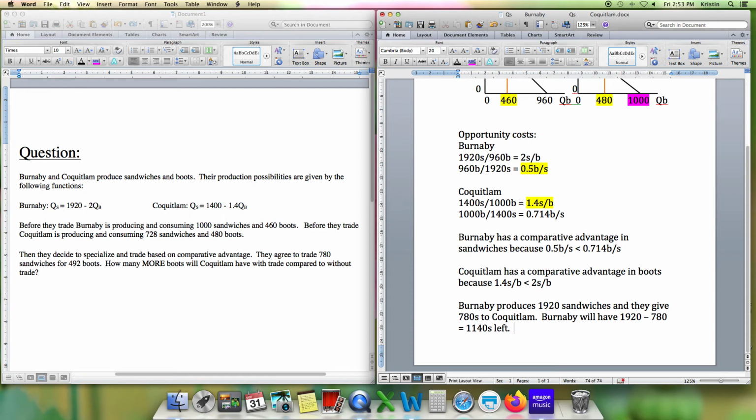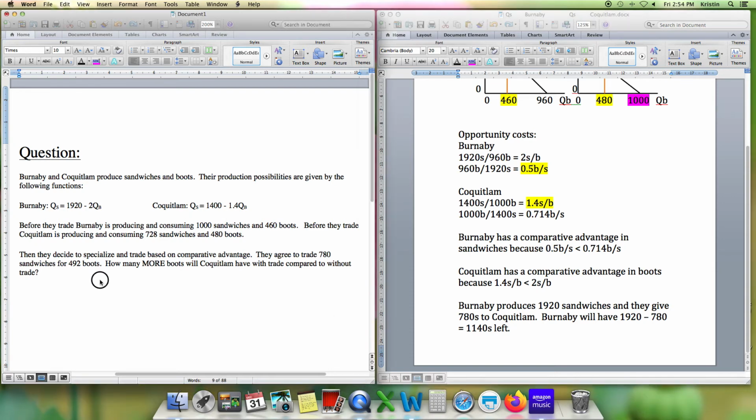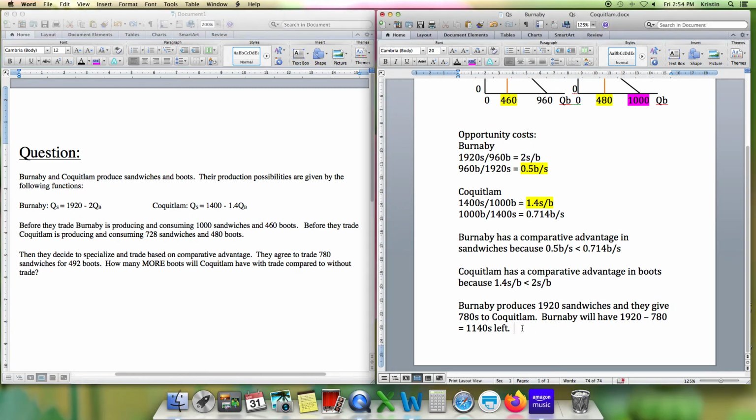And what do they get in return? They get boots. How many boots? They get 492 boots in return. They will receive 492.